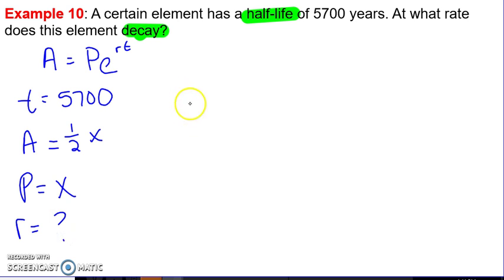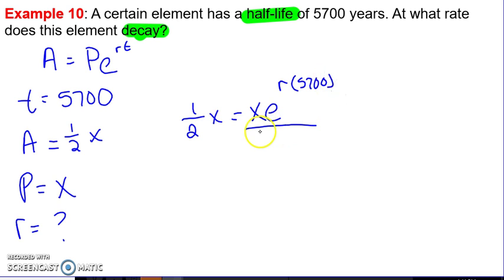That means I have one half x equals x times e to the r times 5,700. I divide both sides by x, very similar to the last example. So I have one half equals e to the 5,700 times r.